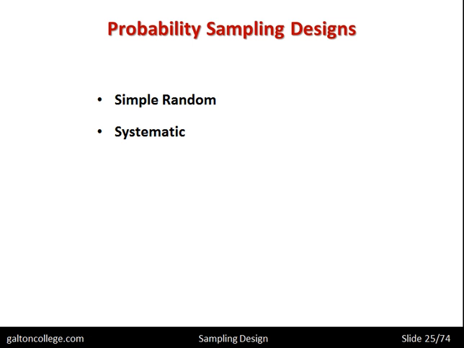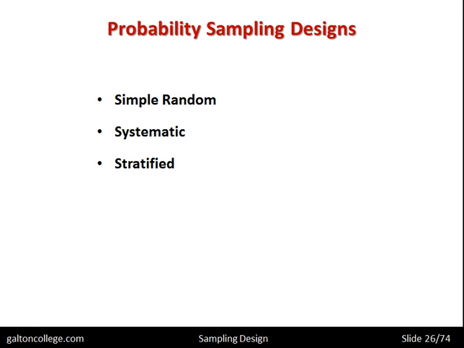So we might be just looking for female consumers of a certain product, or we might be looking at consumers over a certain age for a certain product. And we might be doing this systematically by taking every 4th customer or every 10th customer.